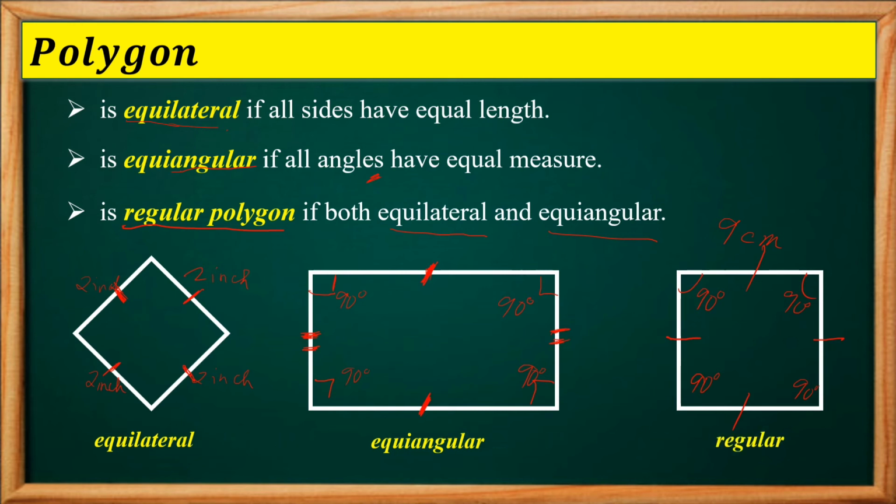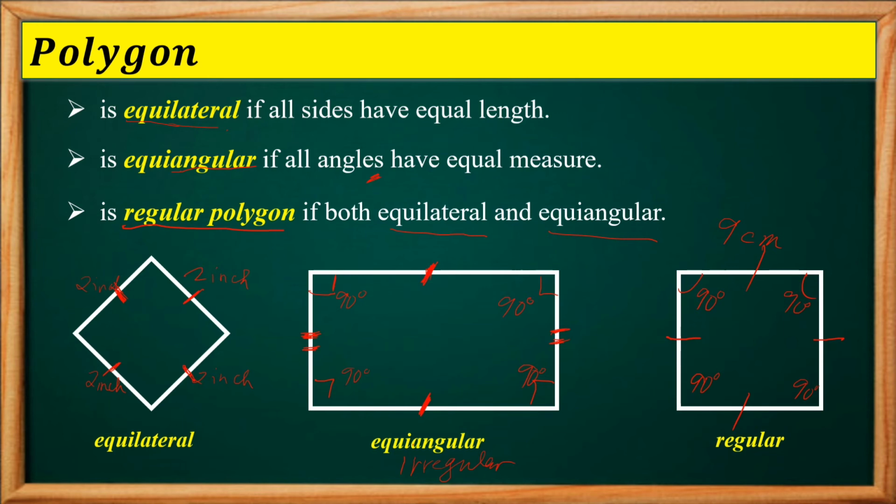Now, kapag dito naman, equiangular lang, then it is all angles only are equal, but not all sides are equal. Pwede rin natin siyang tawaging irregular polygon. Hindi siya regular. Kasi nga, hindi lahat ng sides are equal. The same on this.